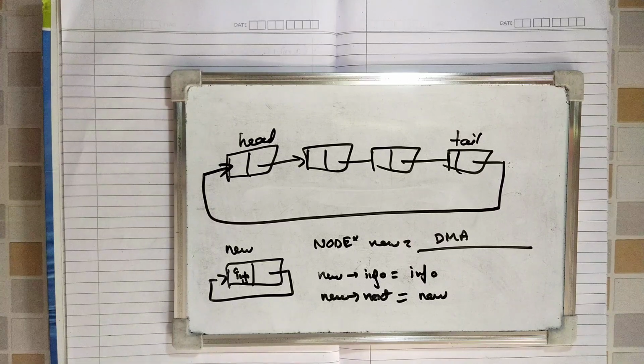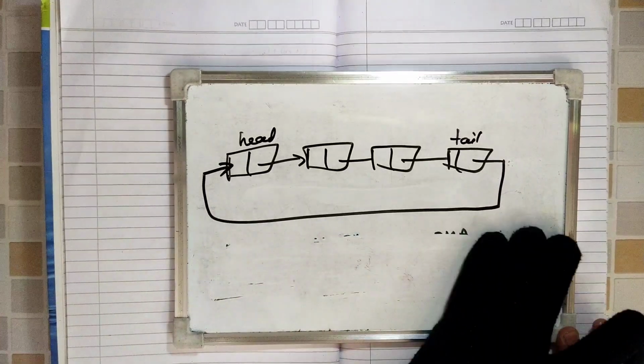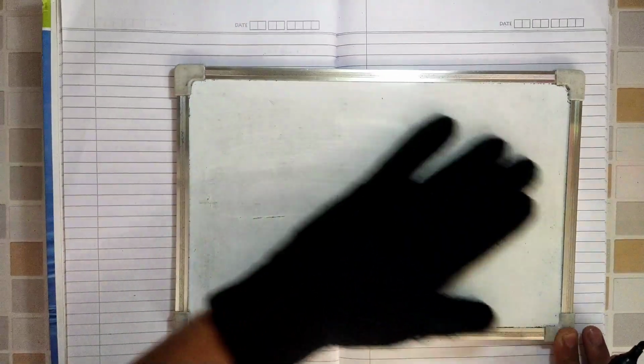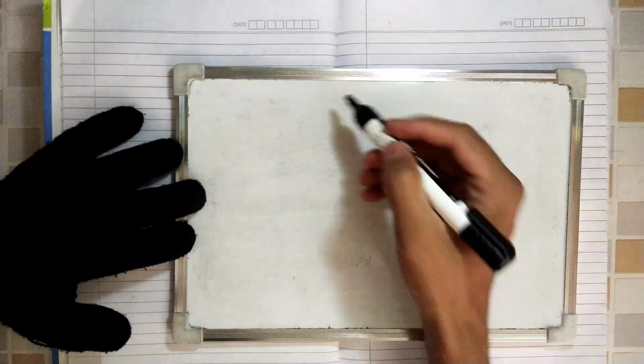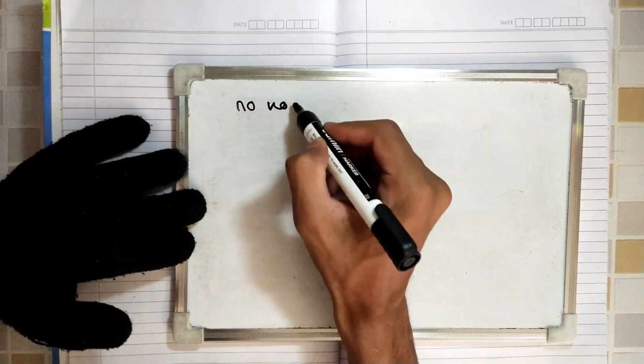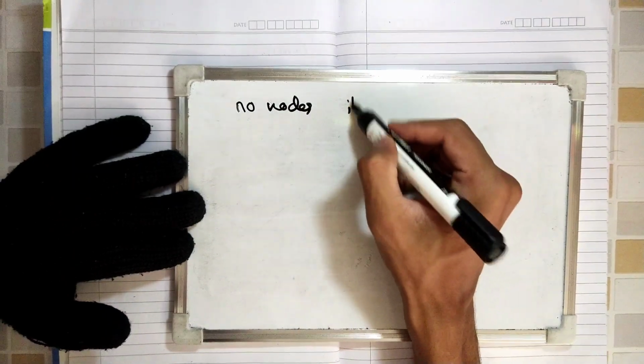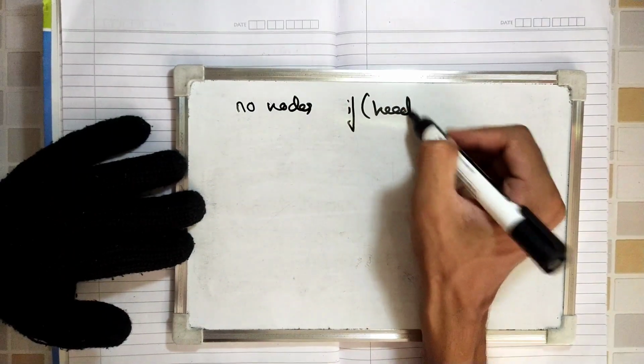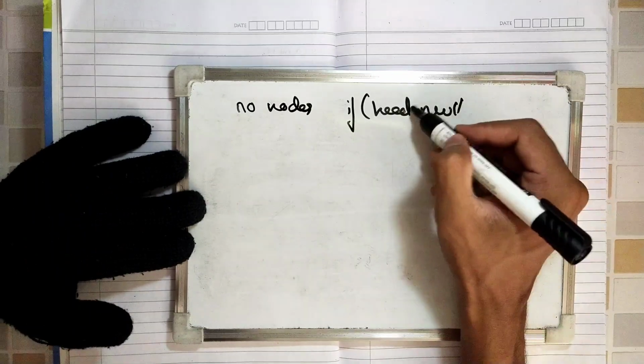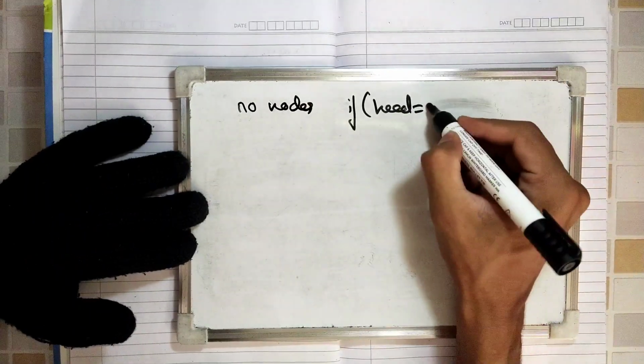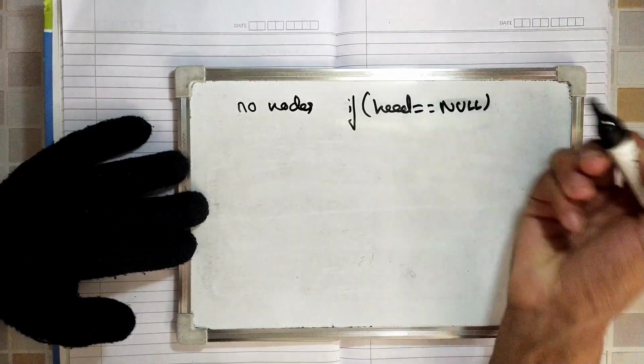So this is my creating. Now let us see, suppose there are no nodes. That condition I wrote: if head equals null.